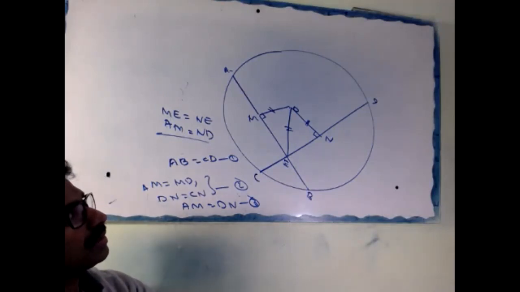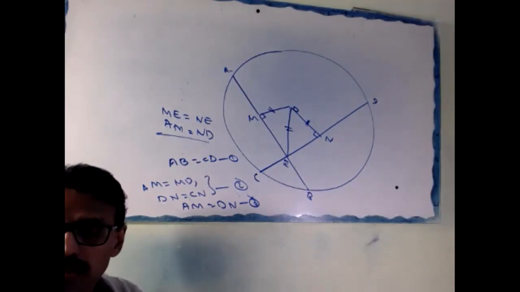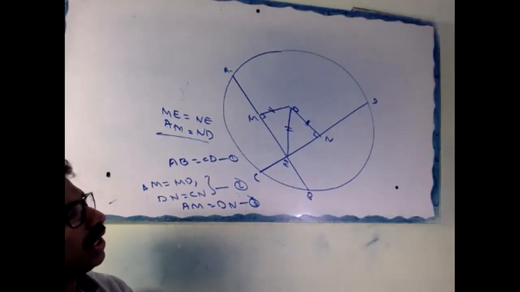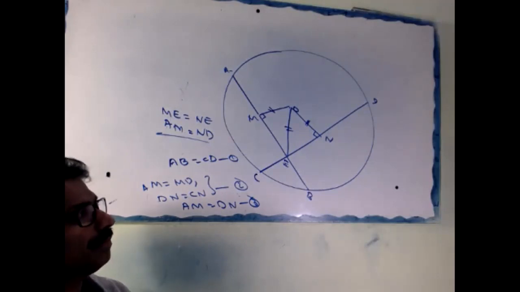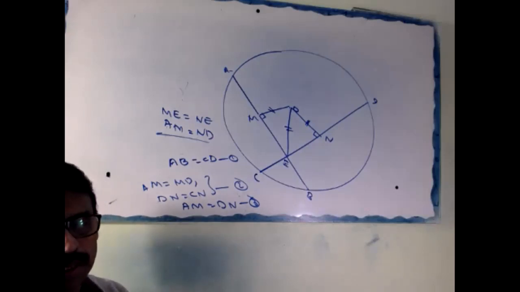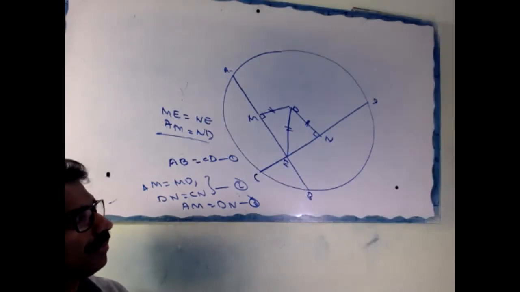Okay, I'll explain that. Hello, Mridula. We proved triangle OME congruent to ONE. How? OM equal to ON, angle M equal to angle N, 90 degrees, OE equal to OE, common. Therefore, by RHS, we proved ME equal to NE.